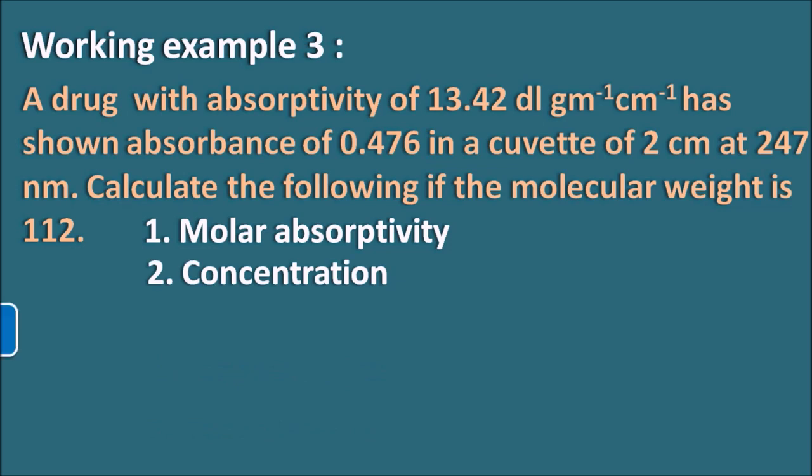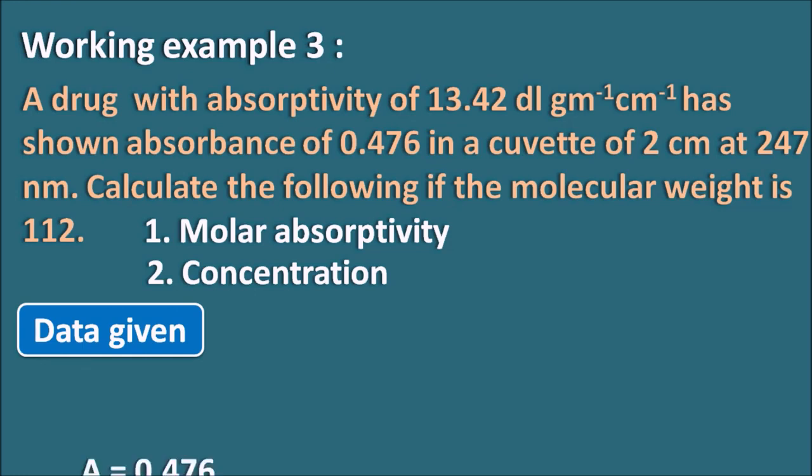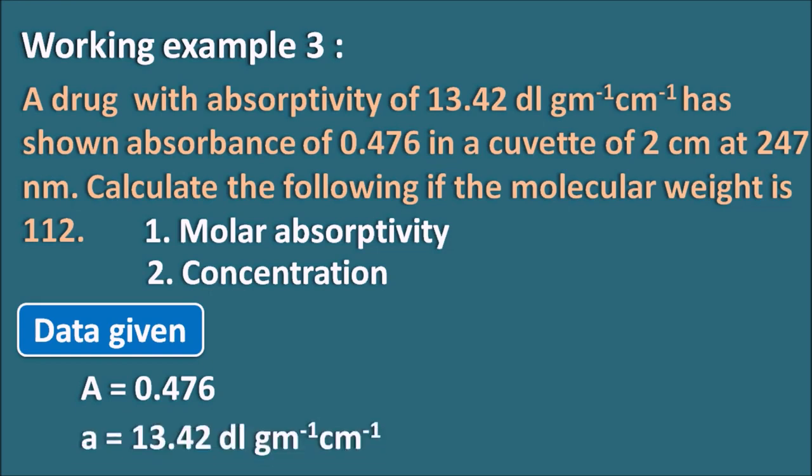So again here let us see what is the data given. Here absorbance is given as 0.476 and absorptivity, small a, is given as 13.42 deciliter gram inverse centimeter inverse. Molecular weight is given as 112, and here the cuvette size is 2 centimeter, that means the path length is 2 centimeters.